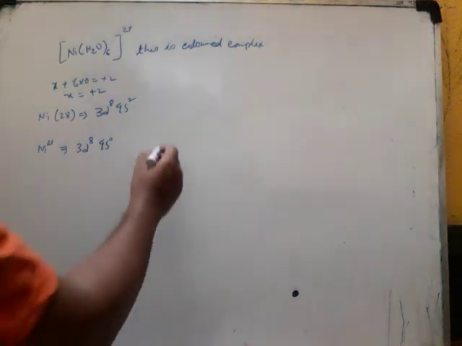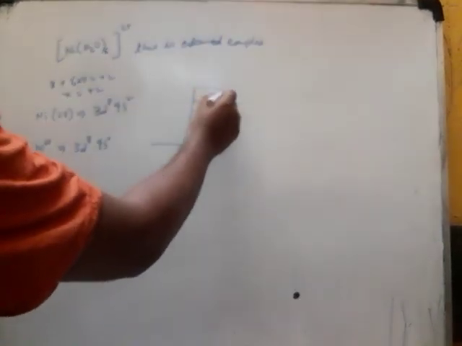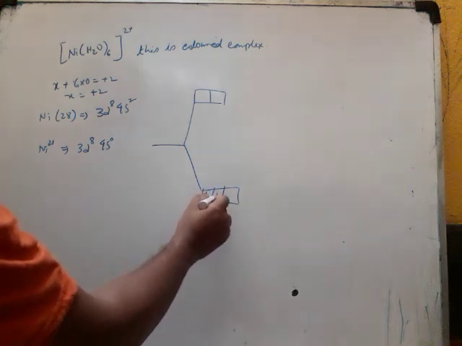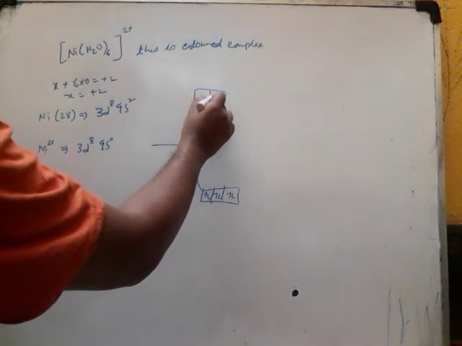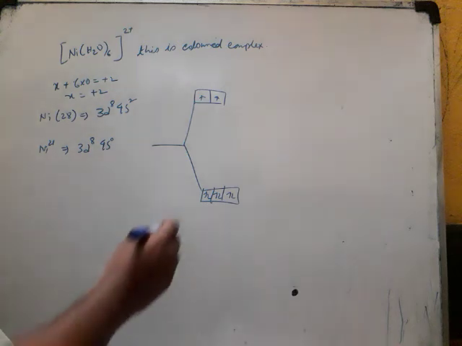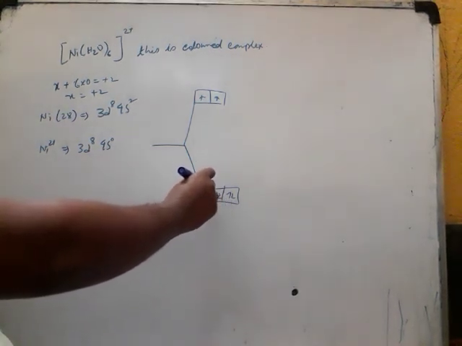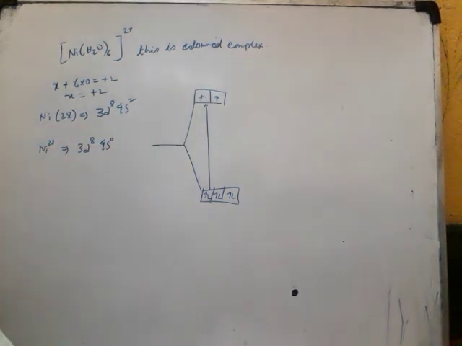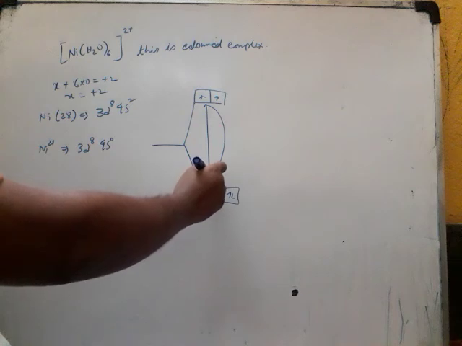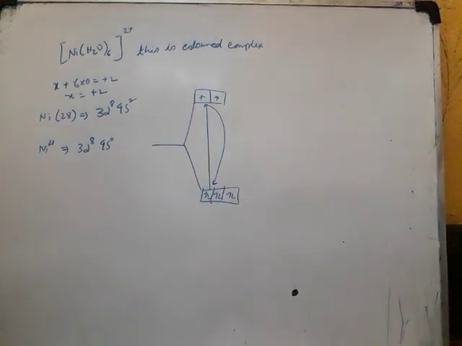In case of 3d8, it is seen that the higher energy levels are not fully occupied. So one of the electrons from the lower energy levels comes to this higher energy level, and from this higher energy level it again comes to the lower energy level. That means dd transition happens in this case.